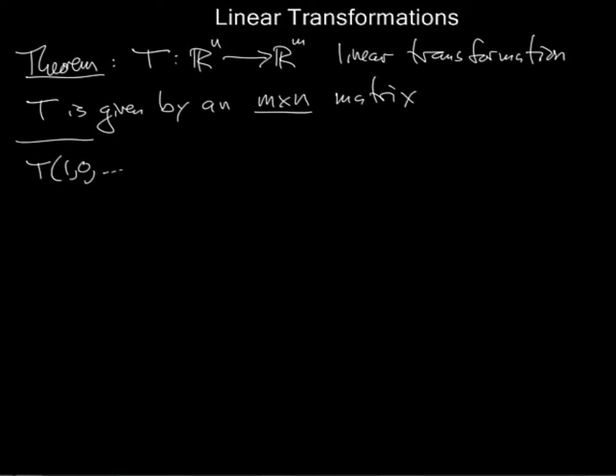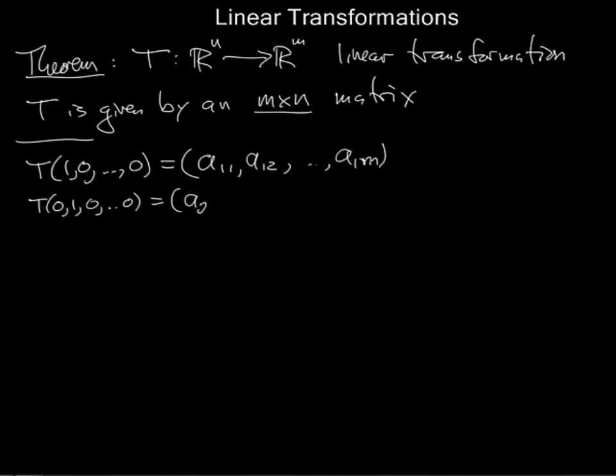Well, you see what T of the first basis vector is, and it's some vector (a11 through a1n). And suppose that T of (0, 1), the second basis vector, has some coordinates a21 through a2m, and so on, all the way down to T applied to the last basis vector, and we write that like this.